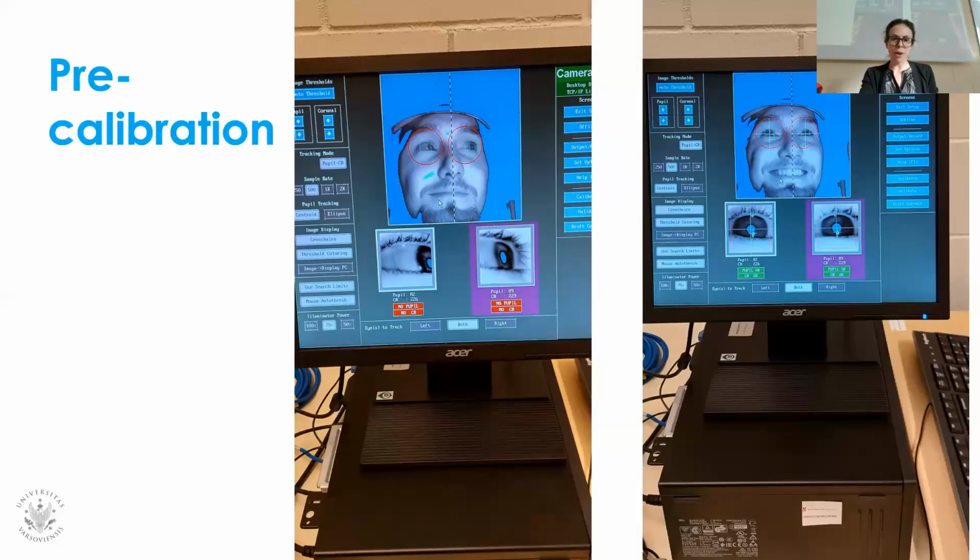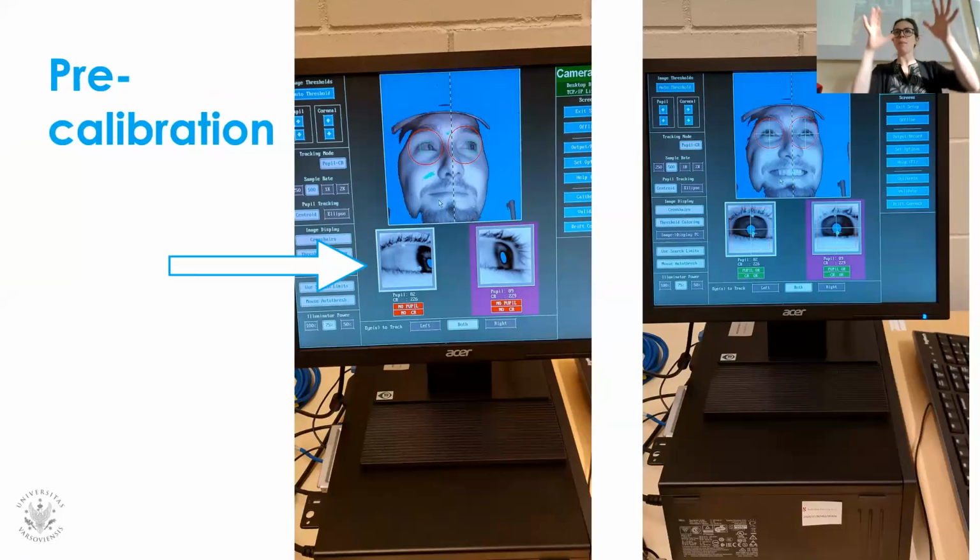And then again, pre-calibration. So these participants tracked really well. However, just to point out here on the left-hand side, we can see that even if I am fully within my trackable range, looking ahead, the moment I move my eyes even to the right or to the left, sideways compared to our plane of interest where we're supposed to be looking, then obviously the eyes are there.